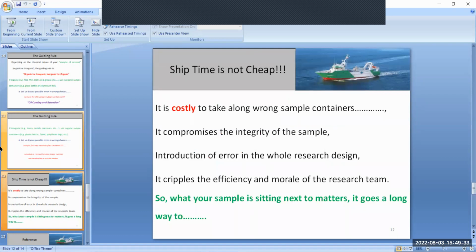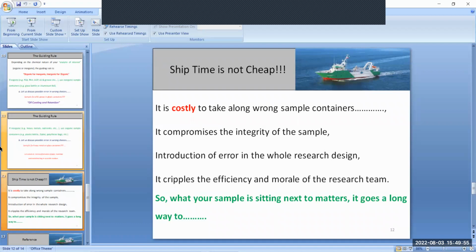Okay, my time is fast spent. As we all know, ship time is not cheap. So you need to make sure that the choice of your sample container is made correctly even before you leave the lab for the field.